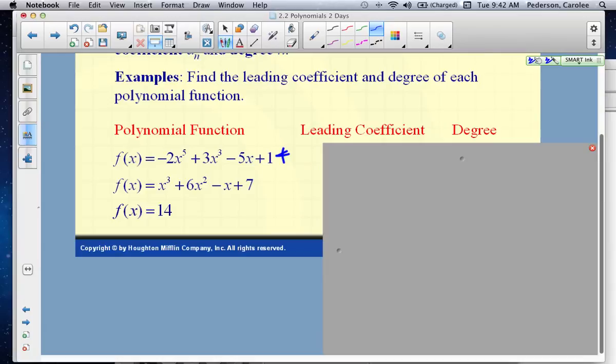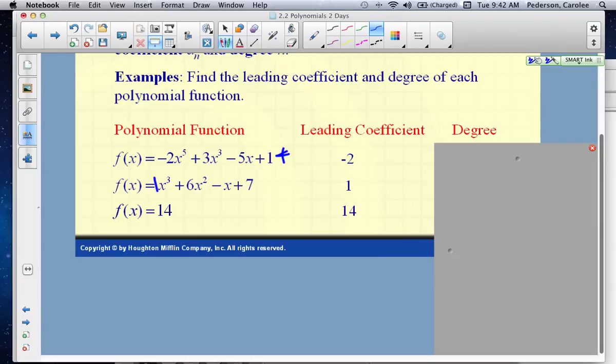Someone to share with me. -2. What's the leading coefficient of that one? 1. So if there's not a number there, then it's 1. And what's the leading coefficient of the last one? We call that kind of a constant. It doesn't have a variable x. That is 14. Okay.